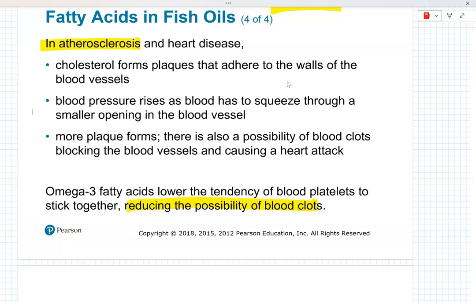Does that make sense? So all this fat-free food is basically a scam. If you want to buy whole milk, buy whole milk. If you want to have some butter on your steak, that's perfect.